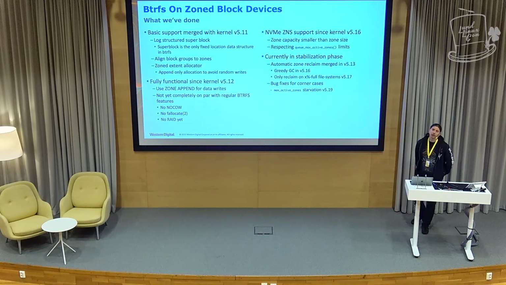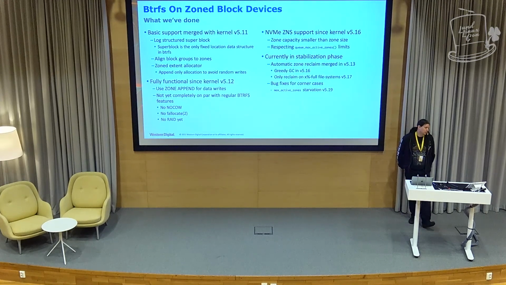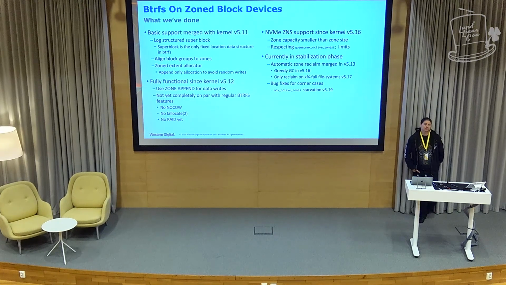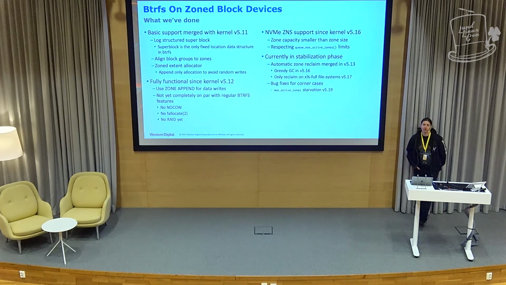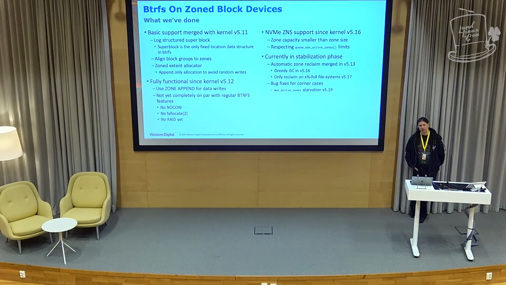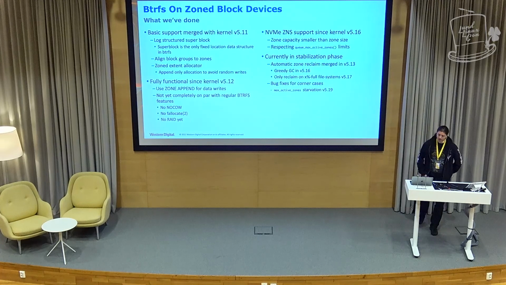Unfortunately, we can't do all features regular BTRFS has yet, meaning we can't do no-cow, which we will never be able to do due to the nature of zoned devices. Currently, no fallocate because we don't have in-memory pre-allocation of extents, so it's always on-disk pre-allocation, but that can be fixed. And up until now, no RAID support, which is what I'm talking about today.